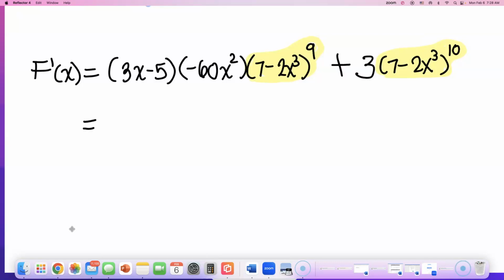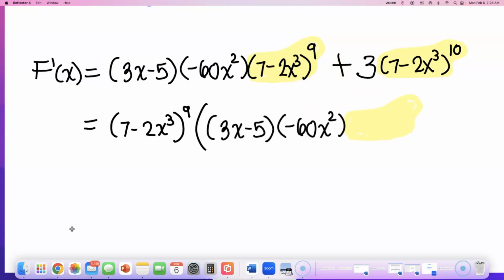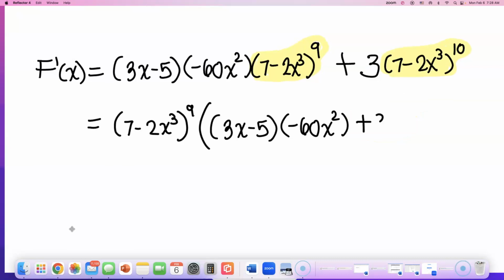If I bring out that yellow highlighted binomial, what's going to be left inside? Well, I will have this unhighlighted stuff for the first part, right? And I will have that plus 3 left over here.